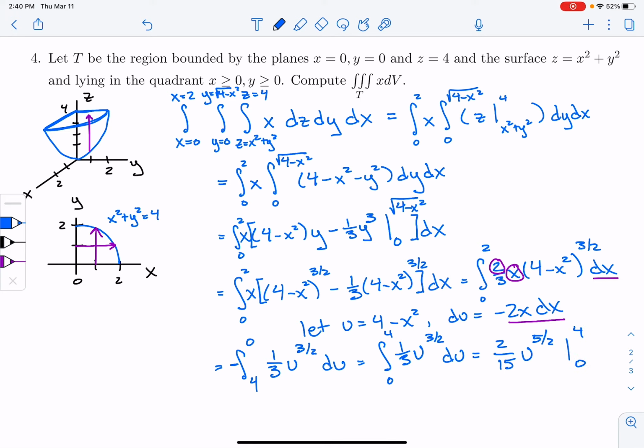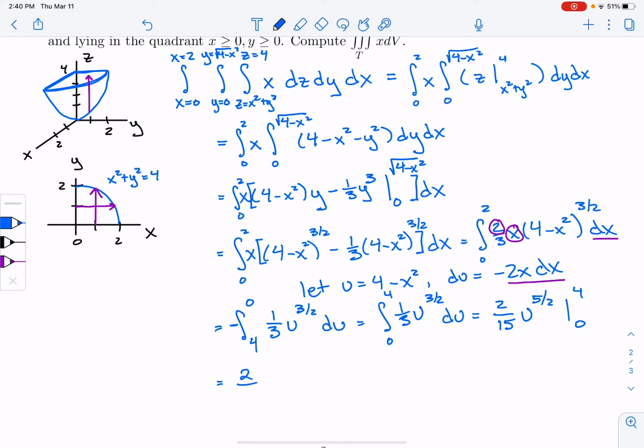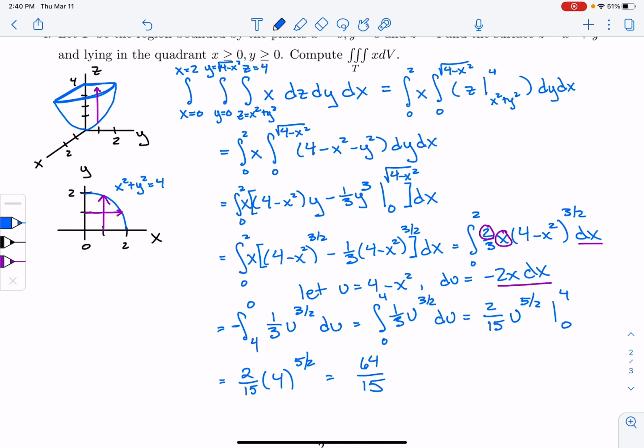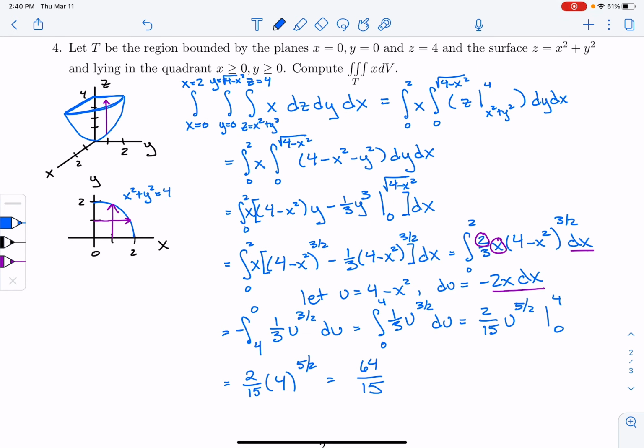So finishing up, I'm going to get 2/15 times 4 to the 5/2, which is in fact 64/15. And that is the integral of x dV over the region T.